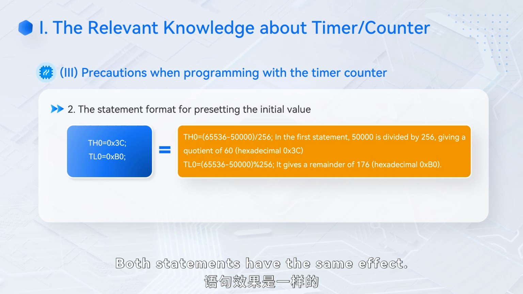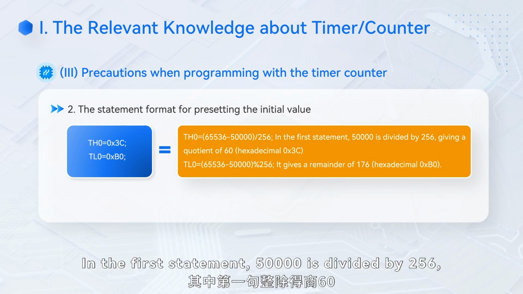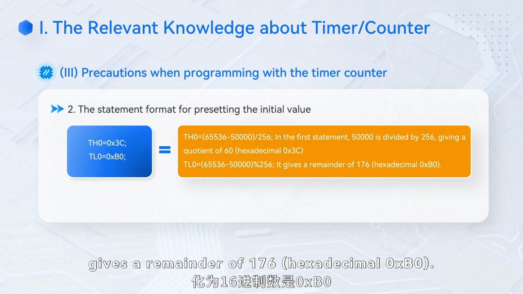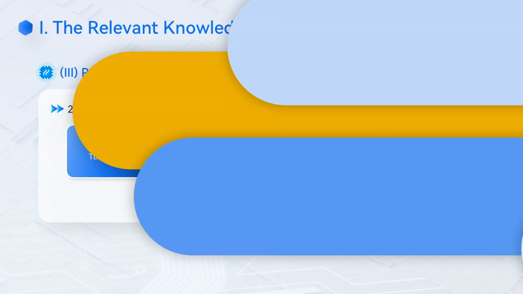Both statements have the same effect. In the first statement, 50,000 is divided by 256, giving a quotient of 60, hexadecimal 0x3c, and the second statement gives a remainder of 176, hexadecimal 0xb0.